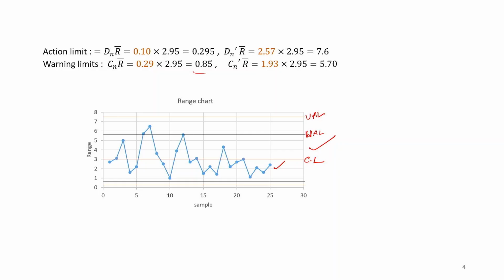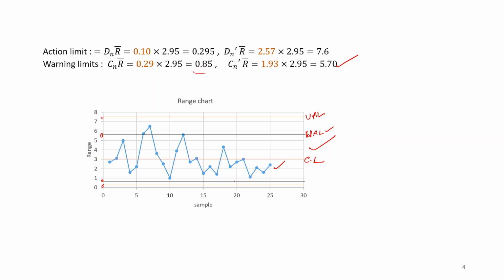Yes, this is the upper action limit and this is the warning action limit, so WAL. On the higher side it is 7.6 and this 5.70. So at these two locations you draw the lines. Similarly, on the lower side you draw two lines indicating the lower warning limit and lower action limit.